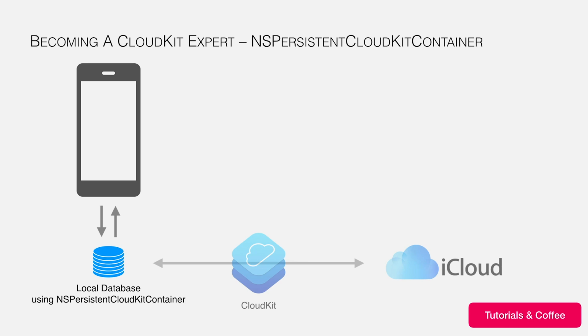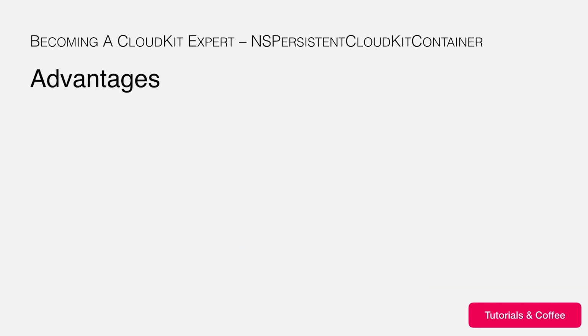So first of all, that sounds, of course, fantastic, because that takes so much work from us. So there are a couple of advantages. That's obvious. We do not need to write CloudKit code anymore, and that's fantastic, because I don't know if you've already worked with CloudKit before, but if you use CloudKit, there are a lot of asynchronous functions.